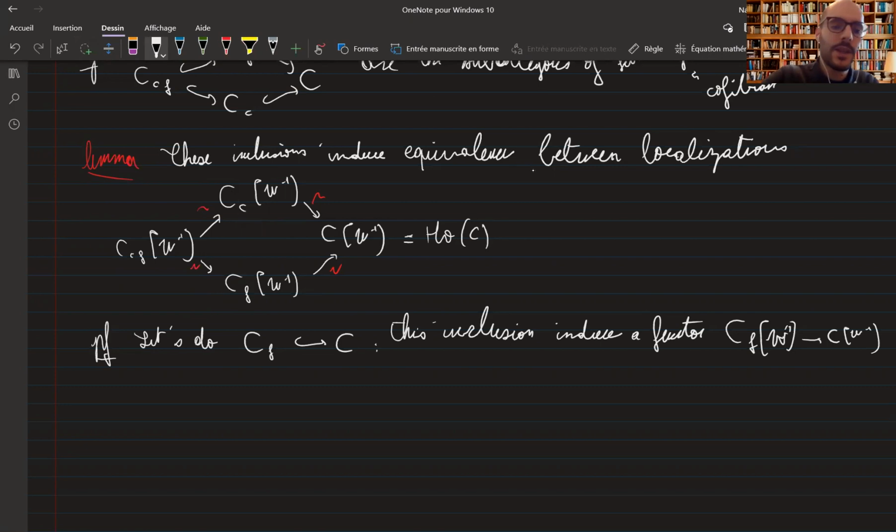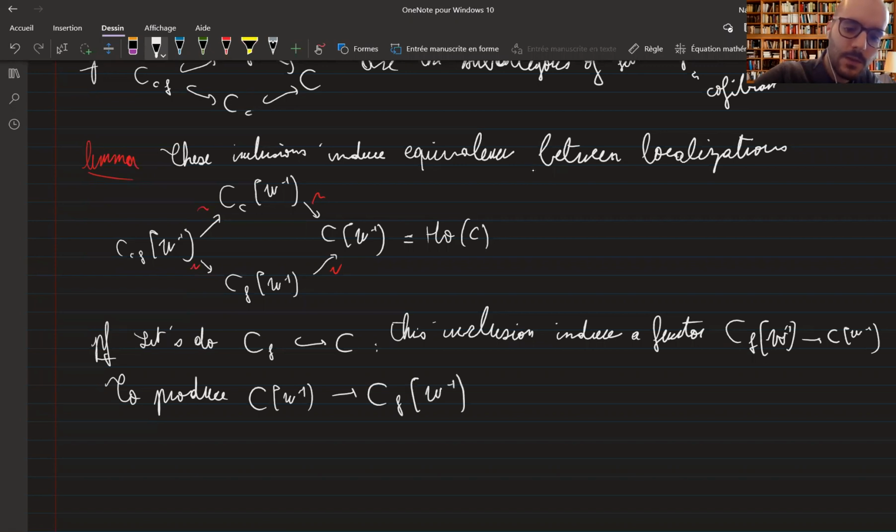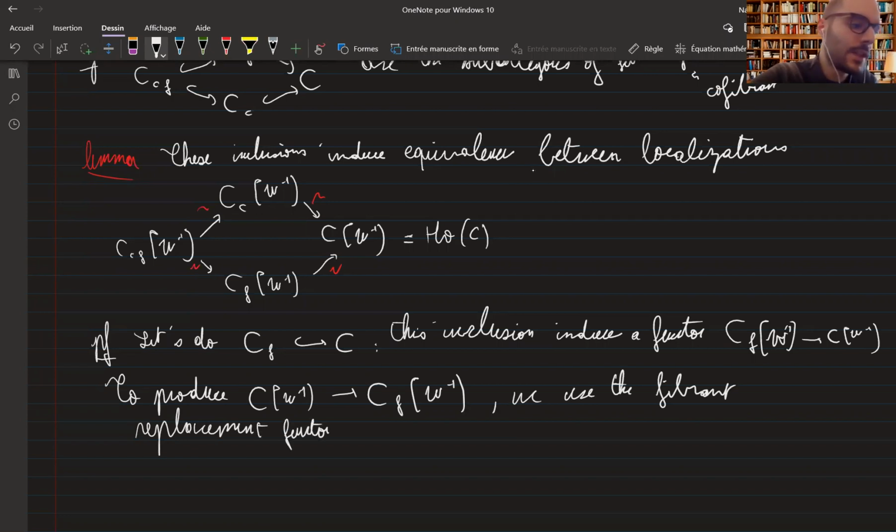To do it in the other direction, we are going to use the fibrant replacement functor. So to produce C[W^-1] to CF[W^-1], we use the fibrant replacement functor, which I denoted by R, which goes from C to CF.